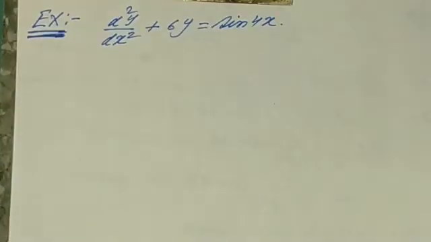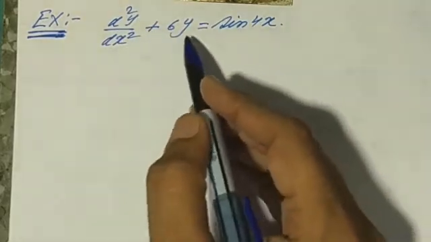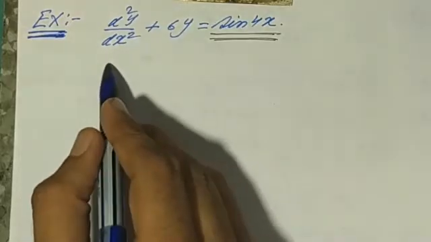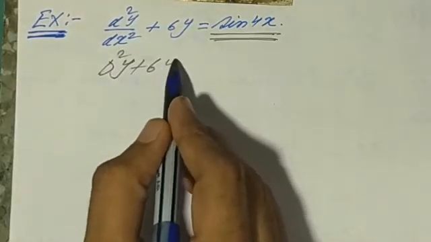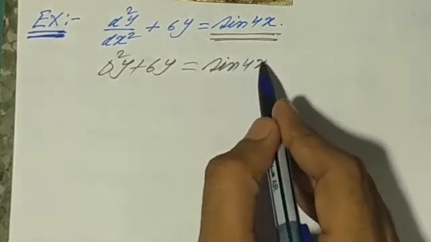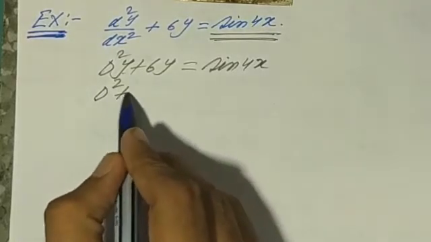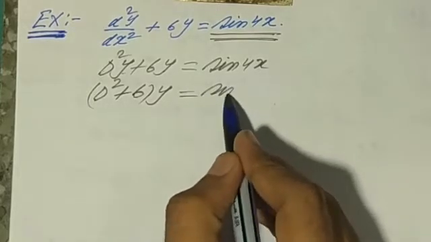Now let us take an example. Say d2y upon dx square plus 6y is equal to sin 4x. So the left hand side may be written as D square y plus 6y is equal to sin 4x, and taking y common, we get D square plus 6, y is equal to sin 4x.